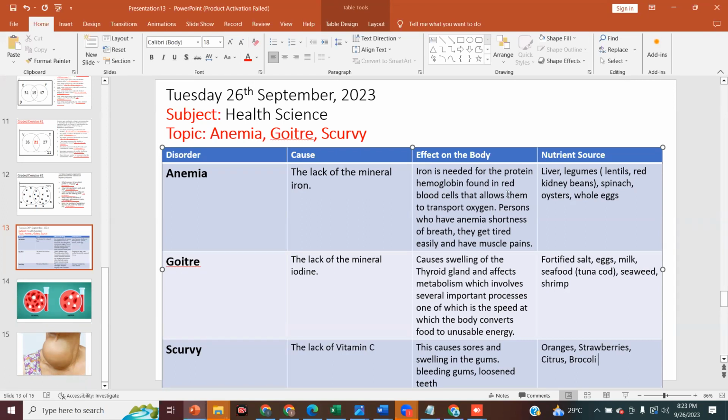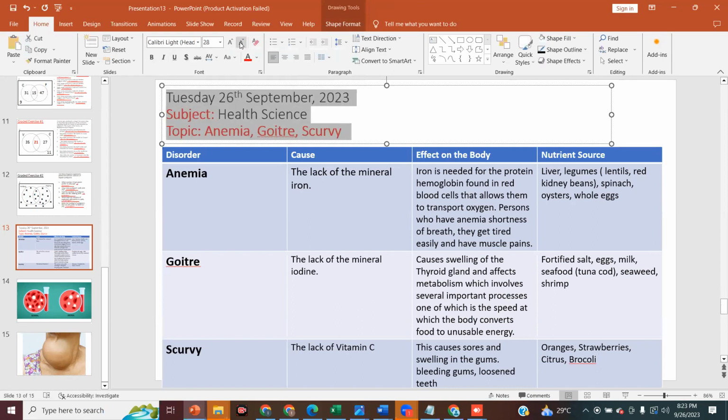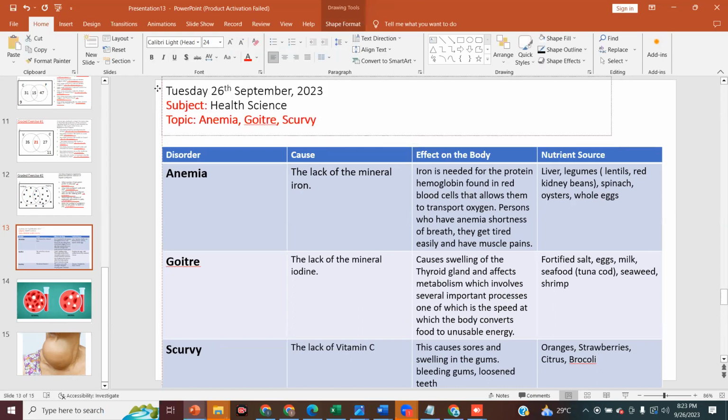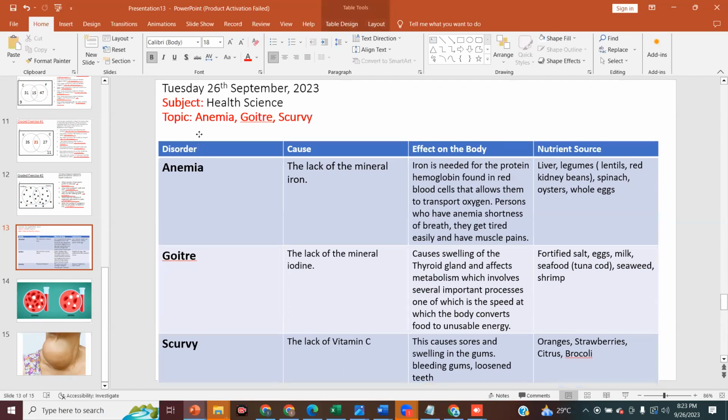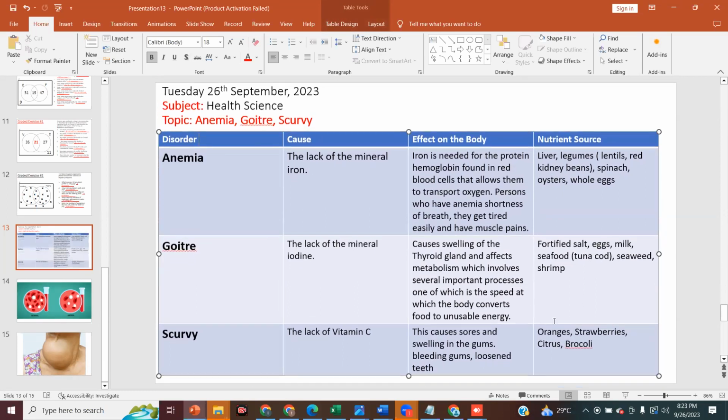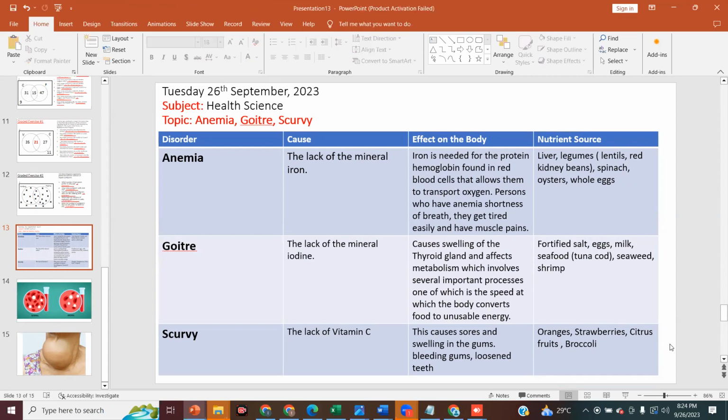So broccoli also helps with vitamin C. I'm not sure if blueberry has vitamin C, I'll have to look it up. Mango too. So citrus fruits, and broccoli. All right.